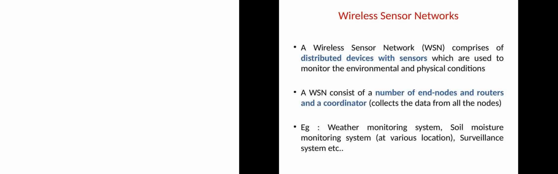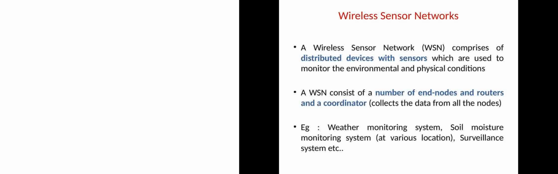A wireless sensor network consists of a number of end nodes and routers and a coordinator. The coordinator collects the data from all the nodes. Of course, in our simple case, our wheelchair uses this wireless sensor network.